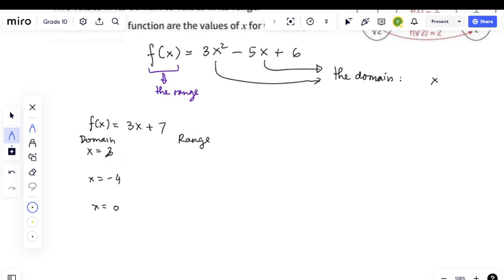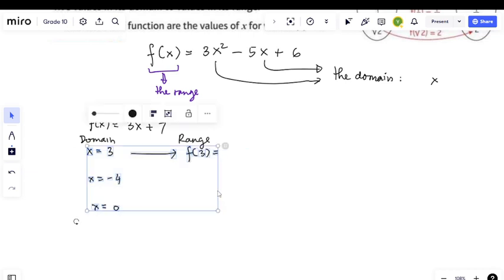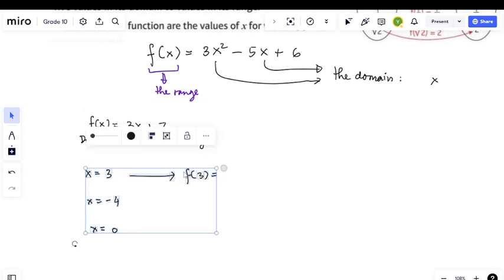Now, if I have the domain is 3, negative 4, and 0, then I can find the range by putting it in the functions. Jadi x-nya bisa diganti 3. Okay, make it a bit clear here so you're not confused.